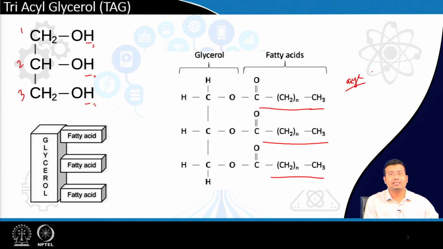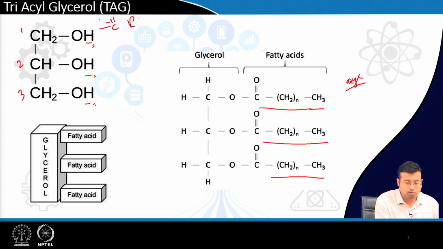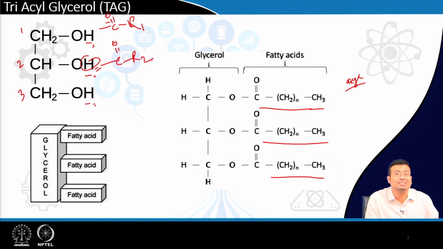If one acyl group, OCOR1, replaces the hydrogen, it is known as MAG or monoacylglycerol. When another H is replaced by another acyl group, OCOR2, it becomes diacylglycerol.